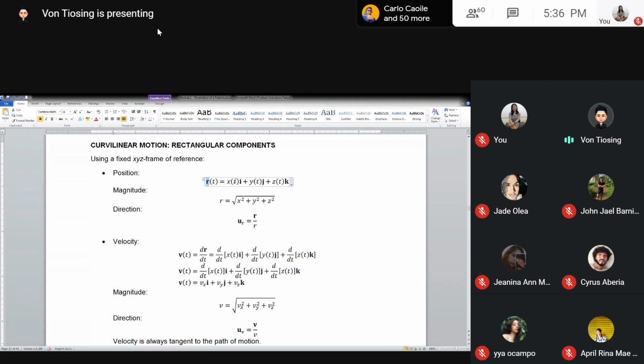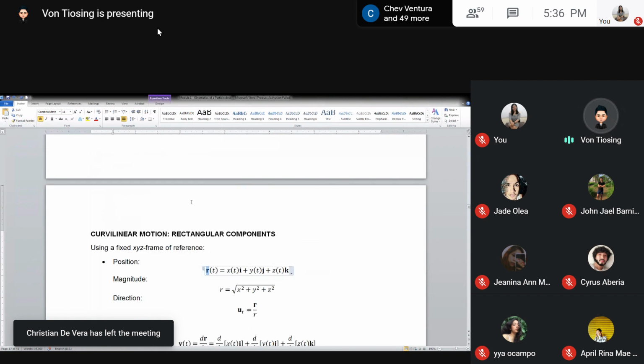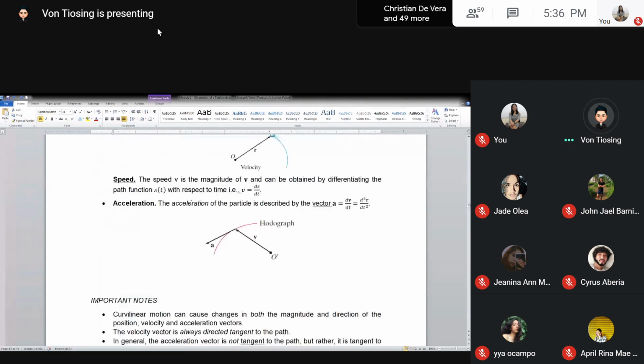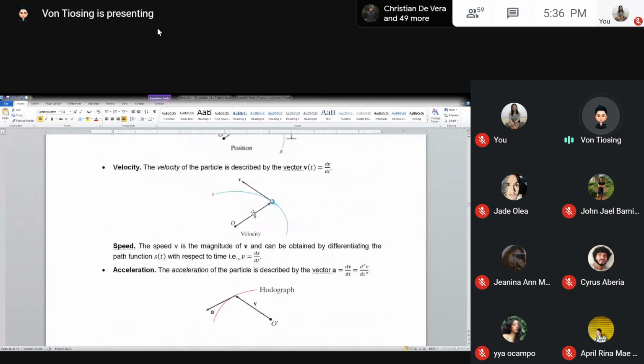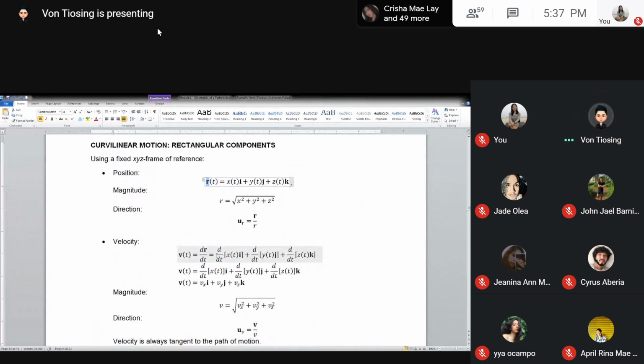Okay. For the velocity, this is just yung derivative ng vector function or position function with respect to time. So in this case, ang ginamit natin ay r, dahil kapag curved siya, meron siyang curvature. Basically, you're just going to get the derivative of the components x, y, and z.